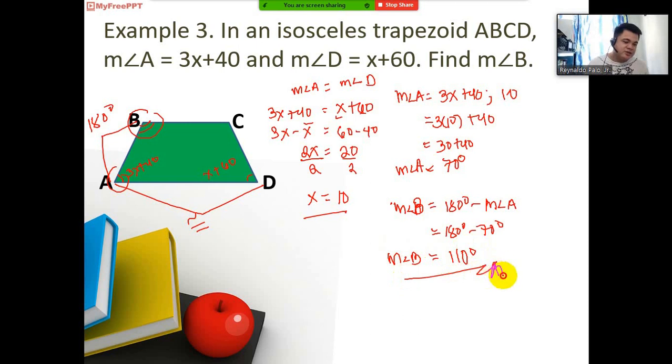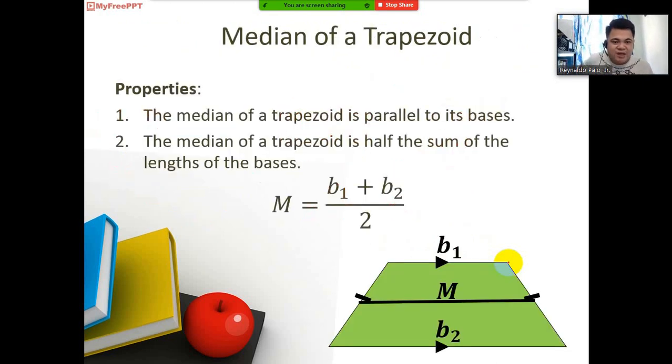So that's already your final answer. What we did first is apply the property, then solve for the value of x, then the measurement of angle A, for us to solve for the measurement of angle B.